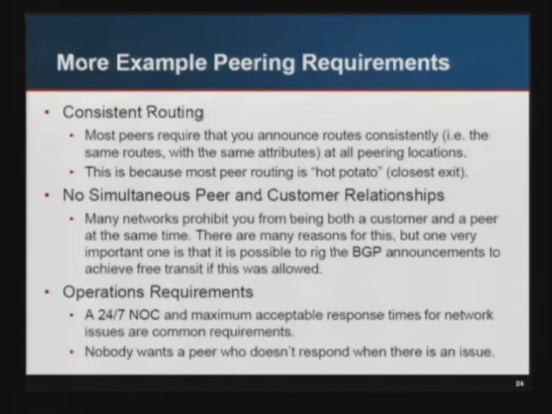Another big requirement is no simultaneous peer and customer relationships. There's a lot of reasons for this, but there's one really big one. It's actually pretty easy to rig the BGP announcements to get free transit if you talk to a network as both a peer and a transit provider. And policy reasons too, it probably doesn't make much sense to do that. So people just impose this rule, you can't simultaneously be a peer and a customer.